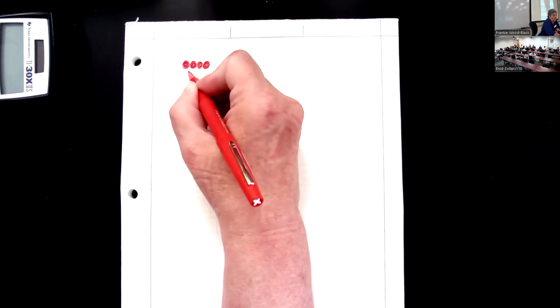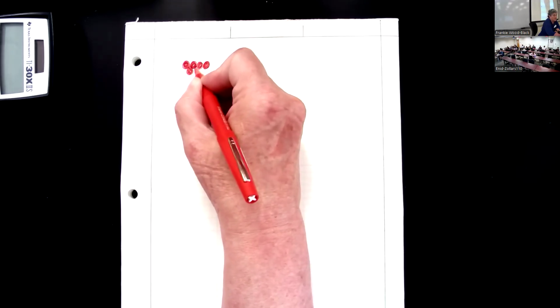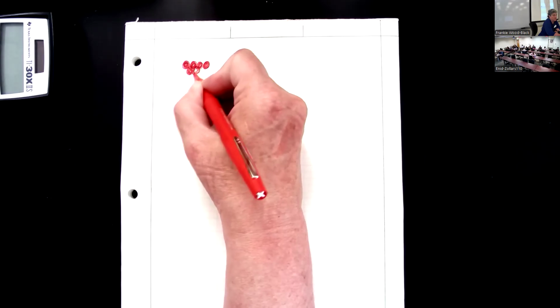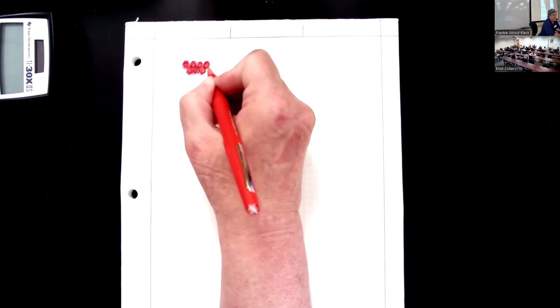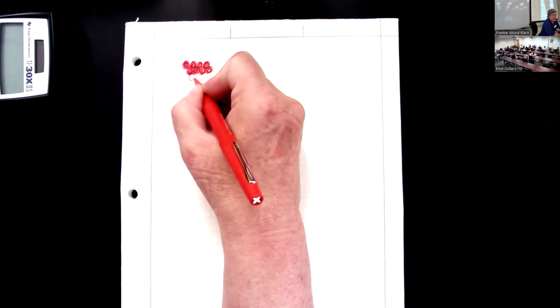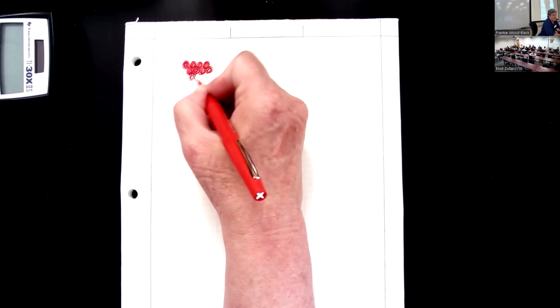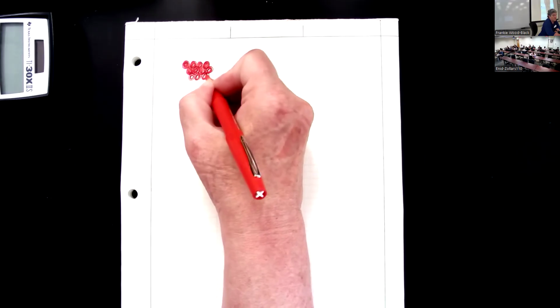A molecule is a combination of atoms, and compounds are a combination of atoms, which is one of the reasons why I wanted you to imagine our titanium dioxide, because titanium dioxide is a compound where cellulose is considered a molecule.